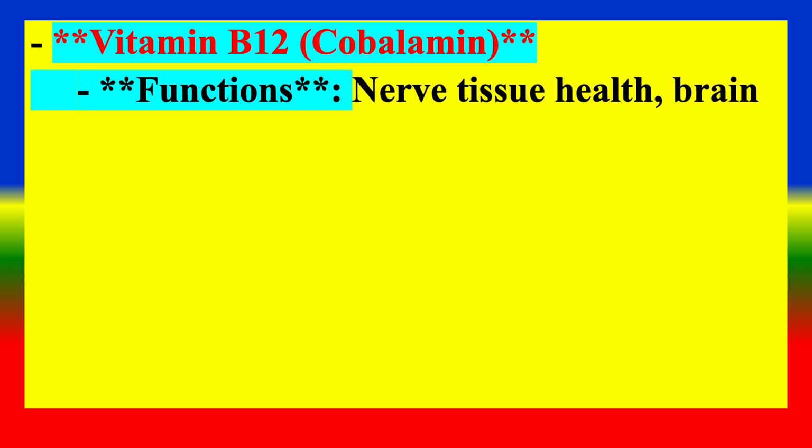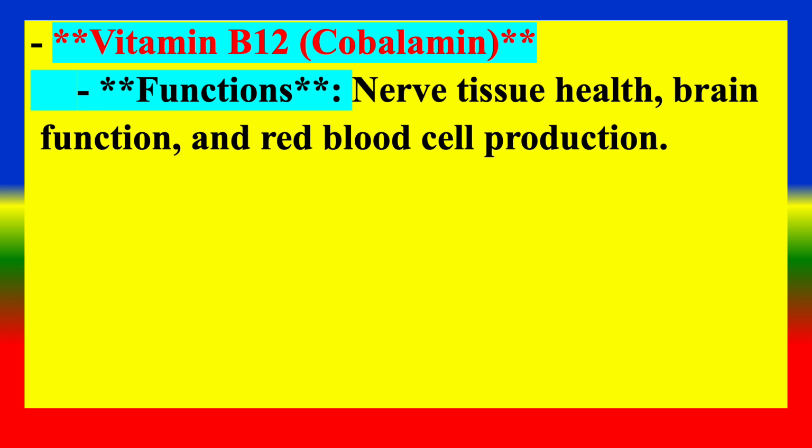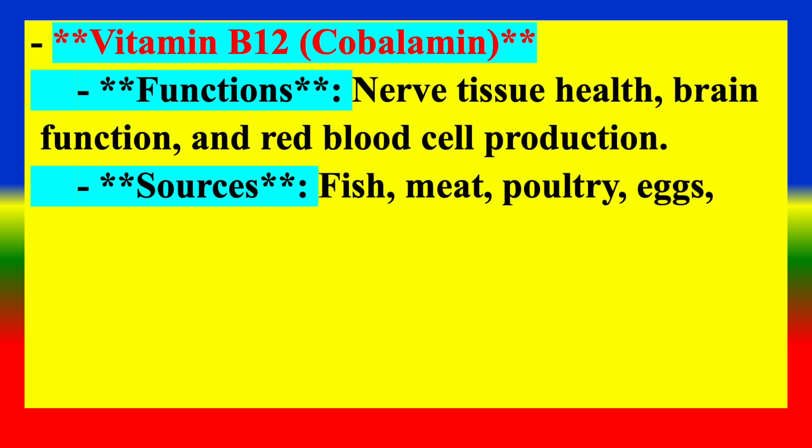Vitamin B12, cobalamin. Functions: nerve tissue health, brain function, and red blood cell production. Sources: fish, meat, poultry, eggs, and dairy products.